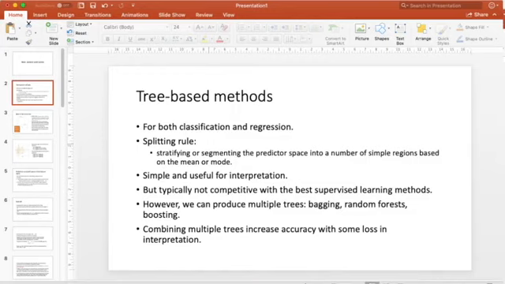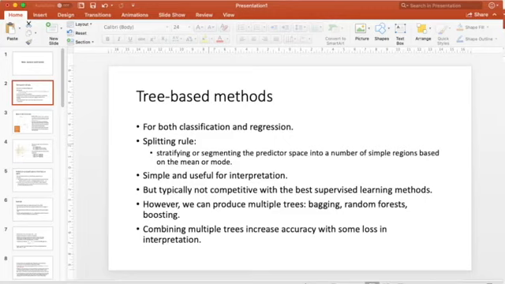All right, so that is the predictor space. So we divide this predictor space into different segments or different stratifications, and we divide this into what we call simple regions based on the mean or the mode. Of course, if the response variable is categorical, then we base it on the mode. If it is numerical, then we base it on the mean.